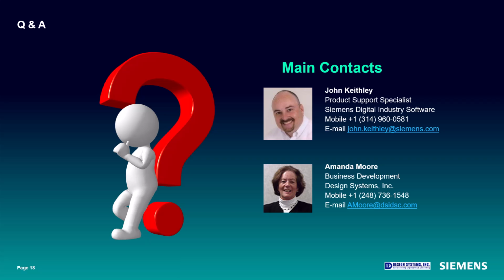Thanks, John. Let me address one last question. How is Plant Sim licensed, and do you have different levels of capability? In terms of how Plant Sim is licensed, we have named user, which is assigned to a single user, or we have concurrent, which allows a license to be shared by multiple users. Both of these options are 3-year subscription models.